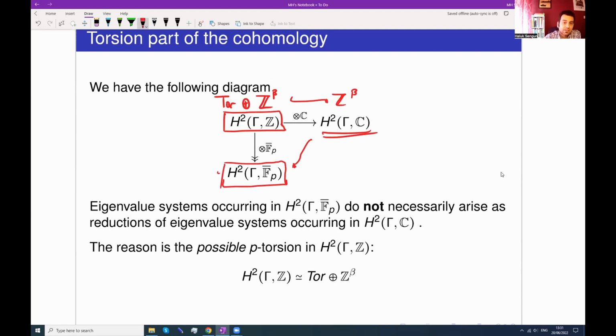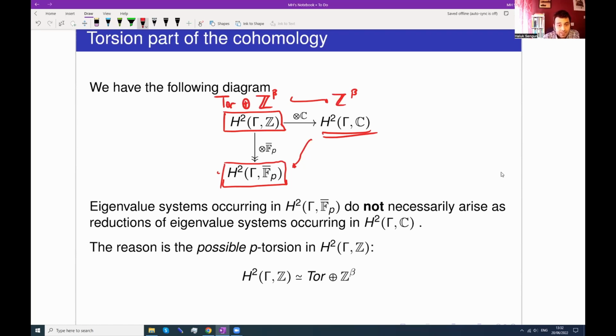But the point is that if there's possible P torsion, that's going to give you an extra class and it's going to survive through tensoring with F_P. All the other torsion, of course, will be killed, but if there's P torsion, that will survive. And so if you have extra P torsion in this torsion part, you're going to get things that are possibly not coming from automorphic forms.